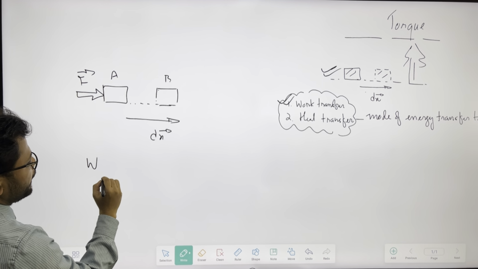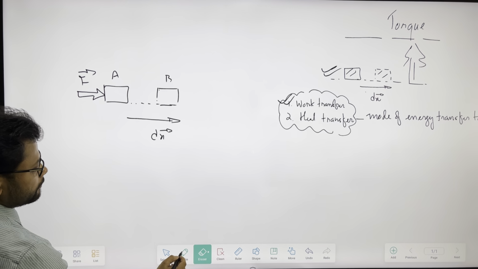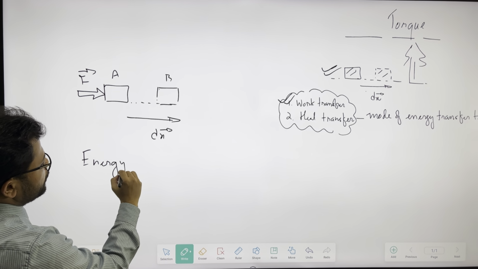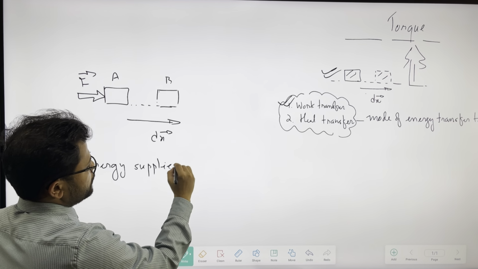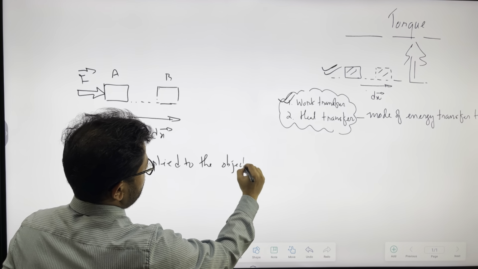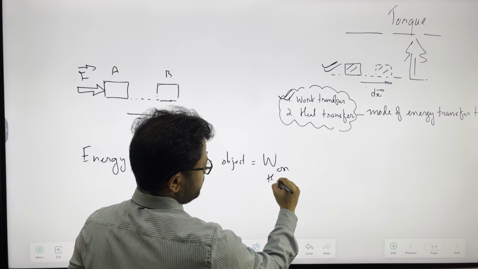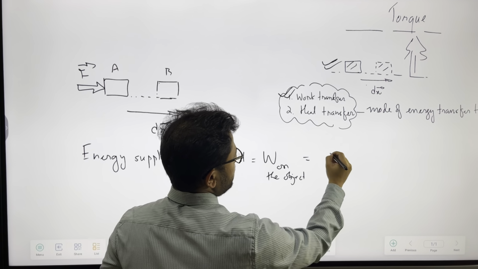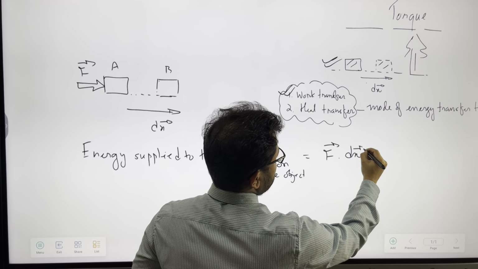We have supplied energy to this object. The energy supplied to the object is the work on the object, which can be written as F vector dot displacement vector.